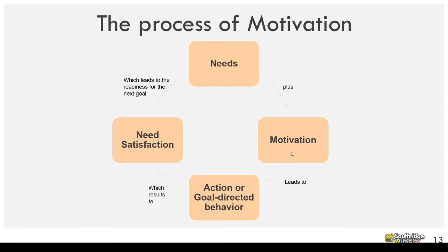Then the motivation leads to action or goal-directed behavior, which then results in satisfaction of our needs, which brings us readiness to achieve the next goal or the next level of the hierarchy.